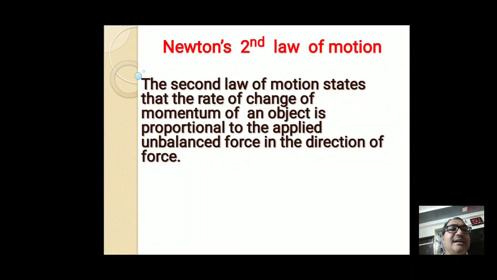This is in word form, and if we write it in mathematical form, it is F is equal to ma. Based on this, in my last video we also learned certain examples based on Newton's second law of motion.